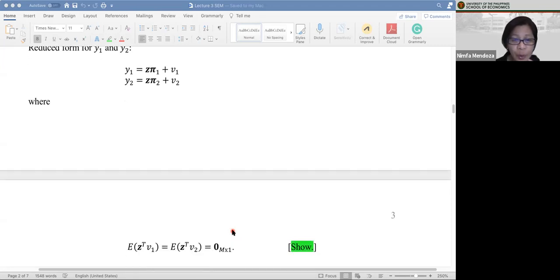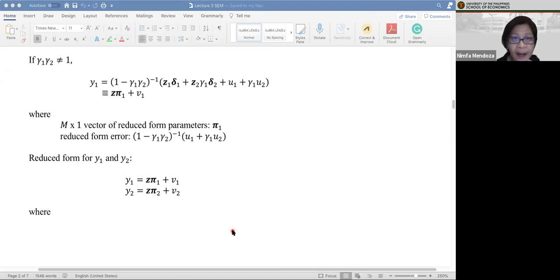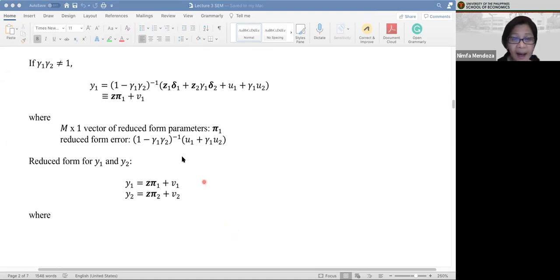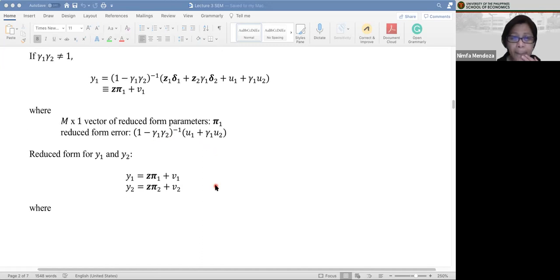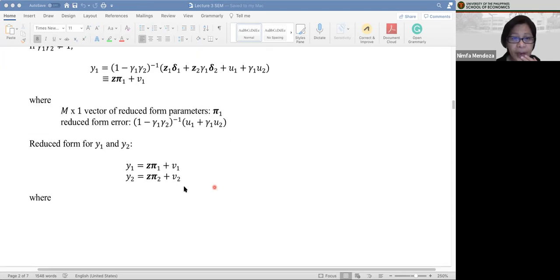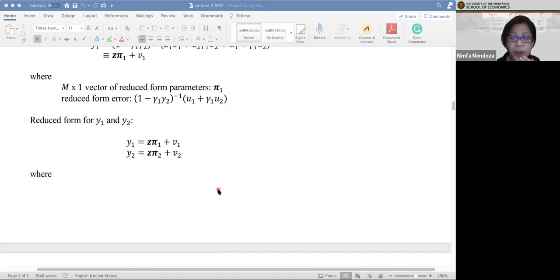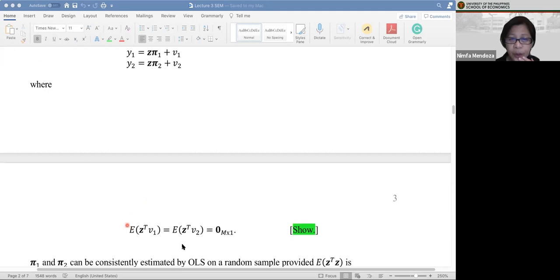That's easy to show because V sub 1 would just be this expression. Then you get the corresponding reduced form error for this second equation, V sub 2. But note that these are functions of U sub 1 and U sub 2. So try to show why this holds.